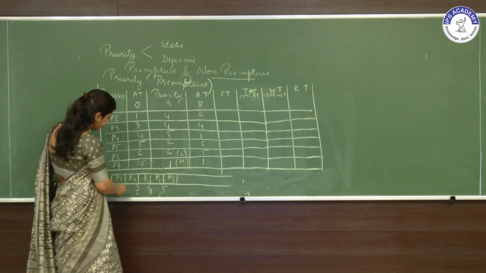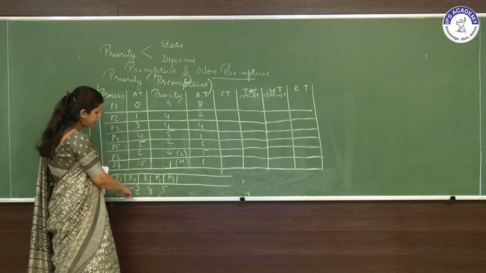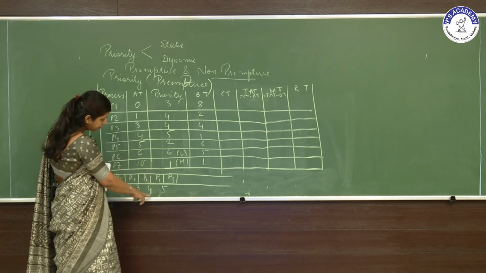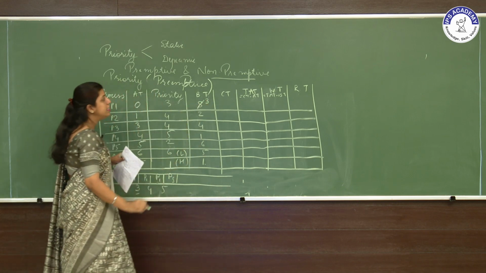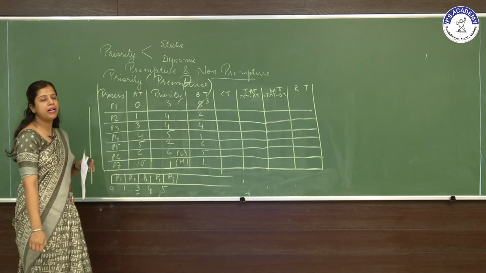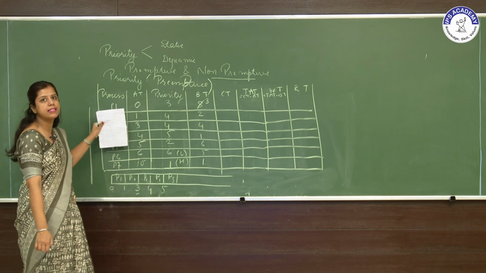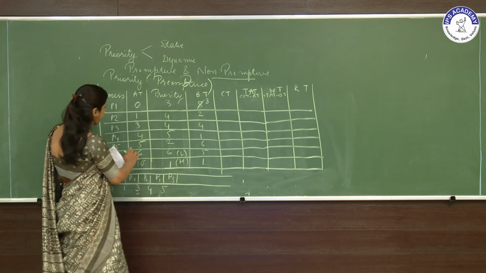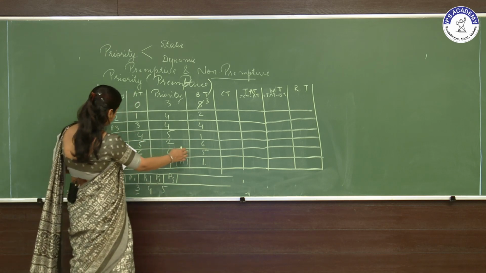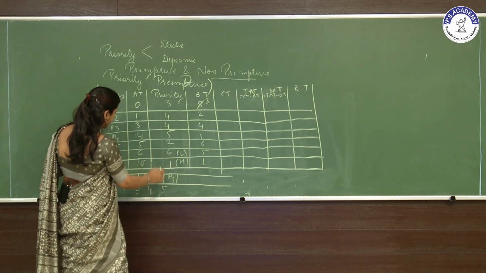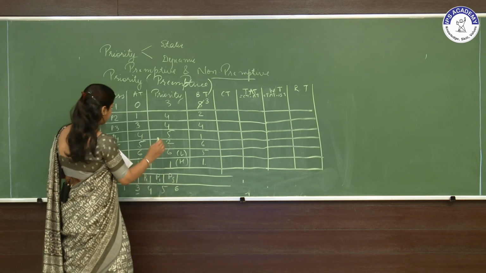P1 has run 1, 1 plus 2, 3, 3 plus 1, 4, 4 plus 1, 5. So, 8 minus 5 will be 3. Still 3 units of time will be required by P1 to execute. So, we will run P5 till the next process arrives, for 1 unit of time.